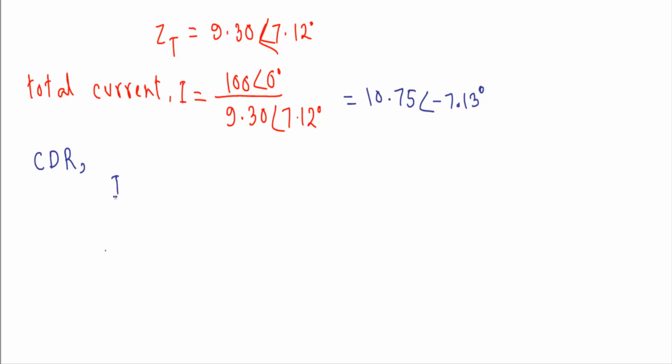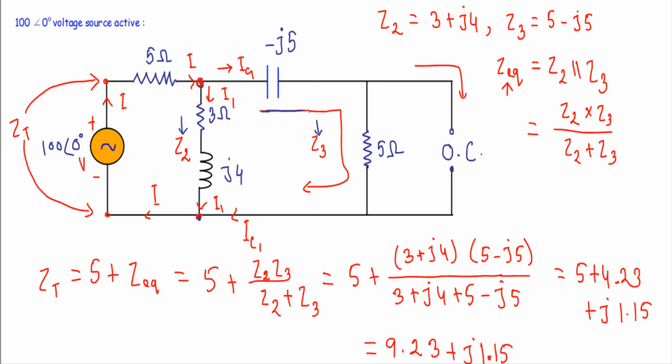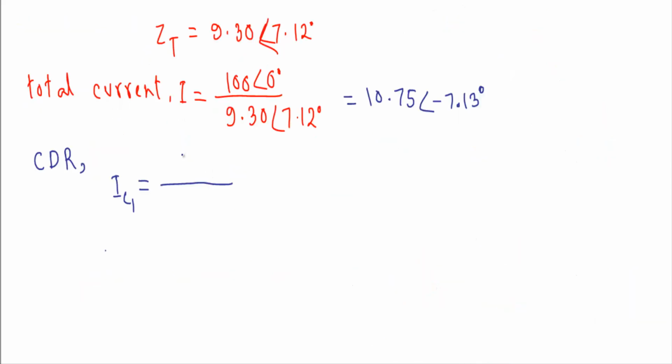Here I will calculate IC1 flowing through the impedance Z3. Therefore, to calculate the current through this branch with impedance Z3, I will take the impedance of the opposite branch Z2 divided by the sum of the two impedances Z2 plus Z3, times the total current I.